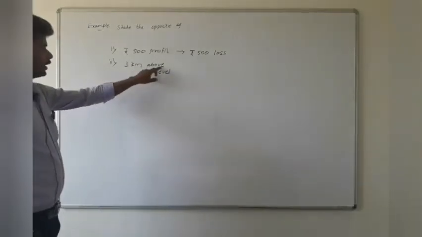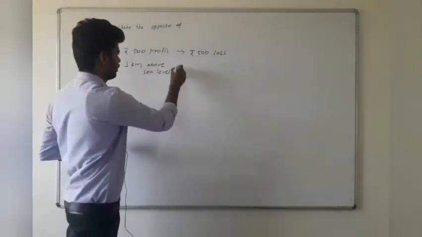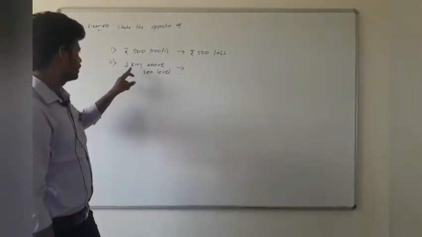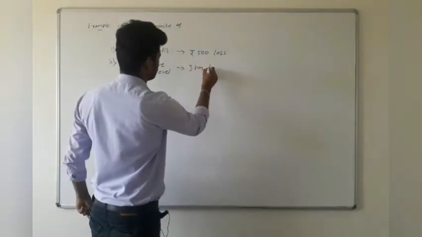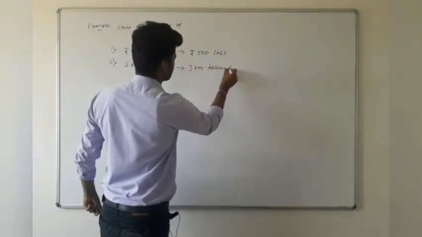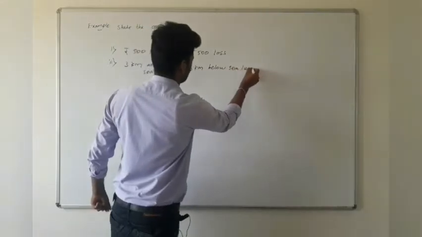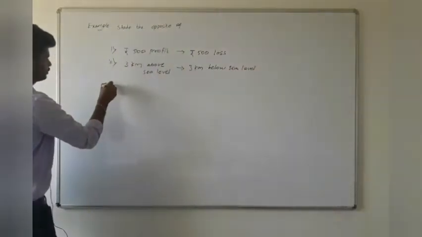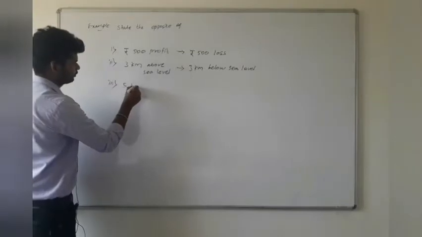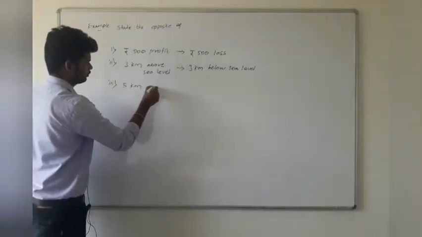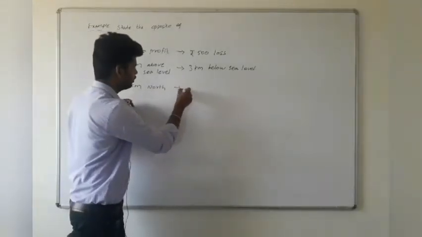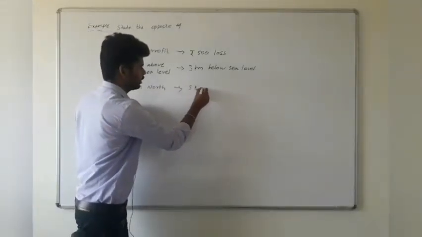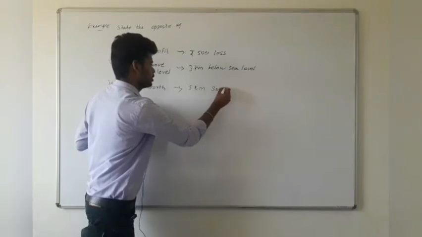Three kilometer above sea level. This one's opposite word is 3 kilometer below sea level. Five kilometer north. This one's opposite word is 5 kilometer south.